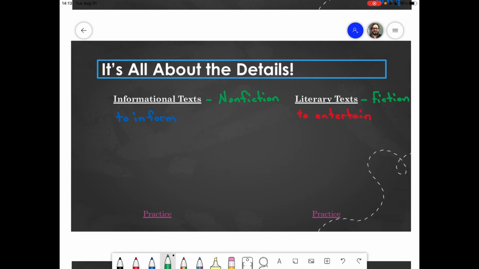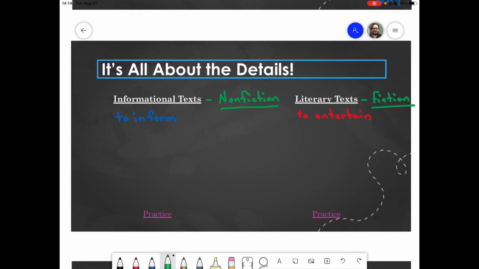So literary texts are designed to make a statement about something, or maybe to even teach a lesson. So those are the biggest key differences between the texts. Easiest way to remember it, think nonfiction for informational texts and think fiction for literary texts or literature.